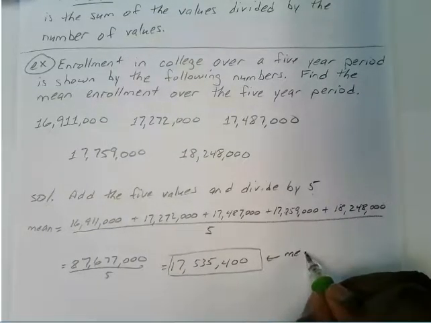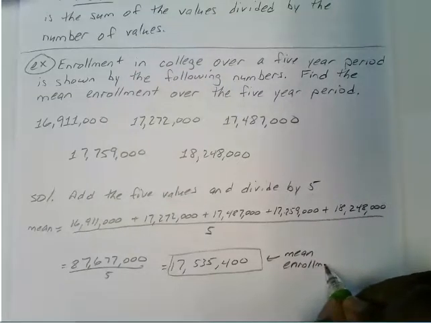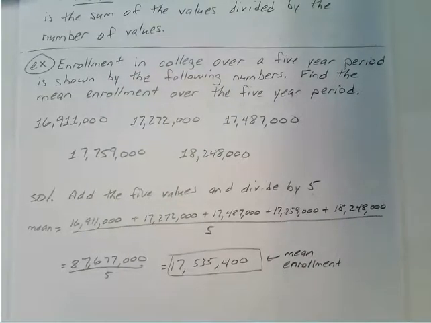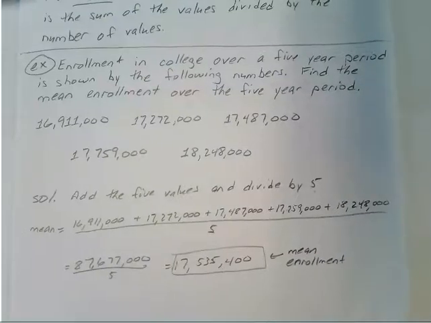And that is your mean enrollment, or sometimes they call it the mean average. If you are still writing, feel free to press pause and finish up, but we're going to go ahead and move on to our next example.